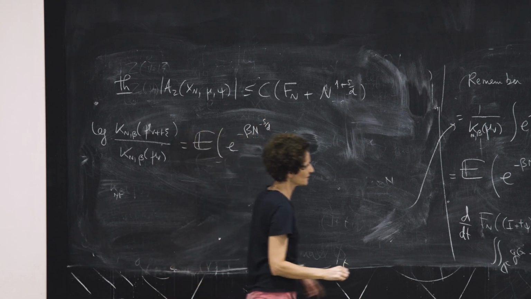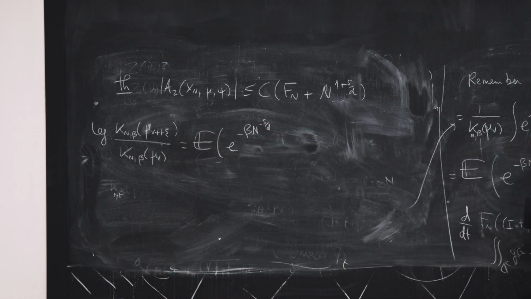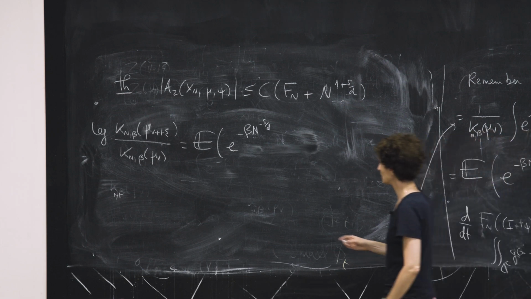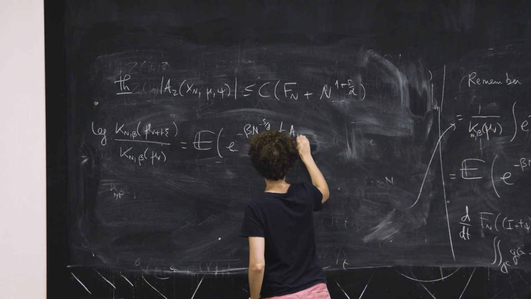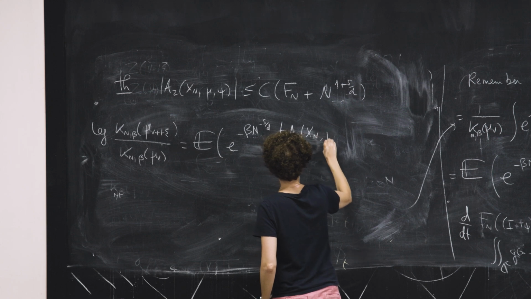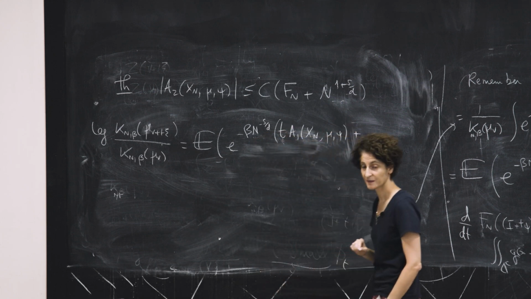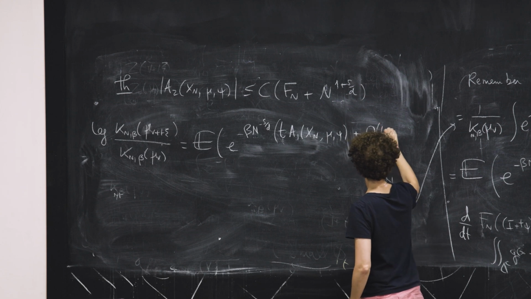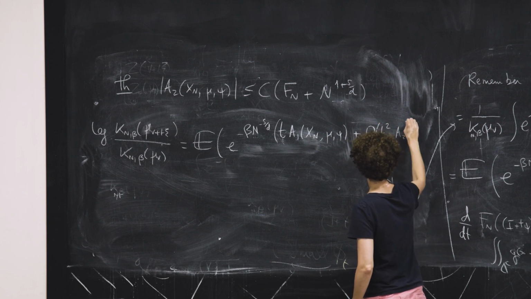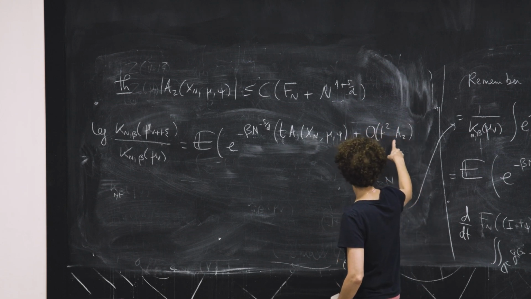So I'm going to differentiate this. I'm going to do a sort of Taylor expansion in t, right? So the difference, value at t minus value at 0, is going to give me t A1. And if I want, I even have an error, which is of the size t squared times A2.